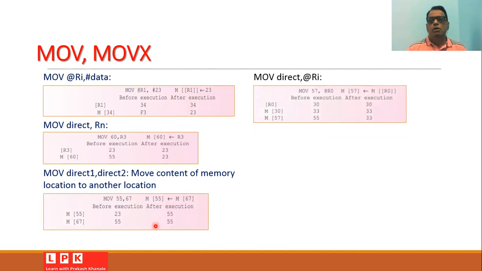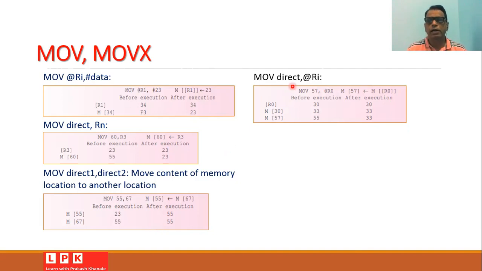We can move from the register which stores the address of the memory location. So from that memory location, we can move to another memory location. And for that, we can make the use of the instruction MOV direct, @Ri.